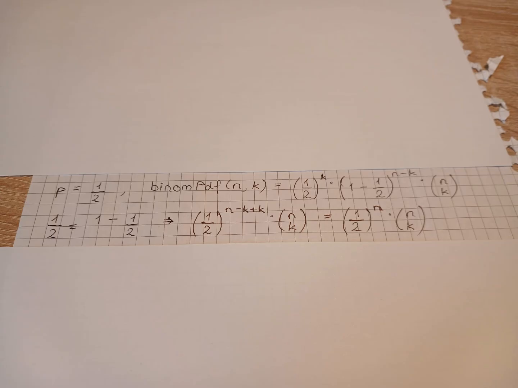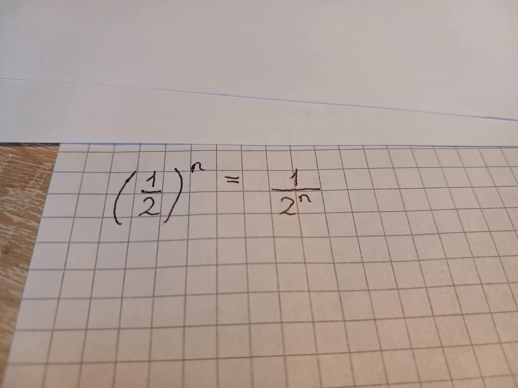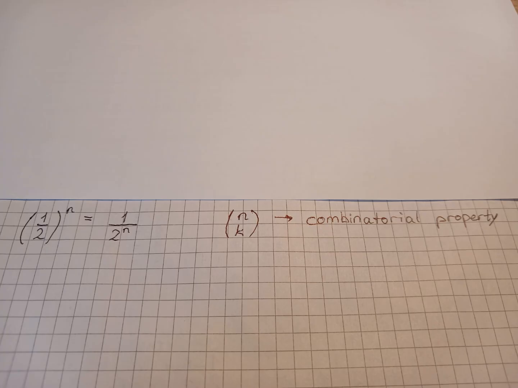As 1 divided by 2 is the same as 1 minus 1 divided by 2, we can rewrite a few things and get a much simpler formula. 1 over 2 in brackets to the power of n is the same as 1 over 2 to the n.